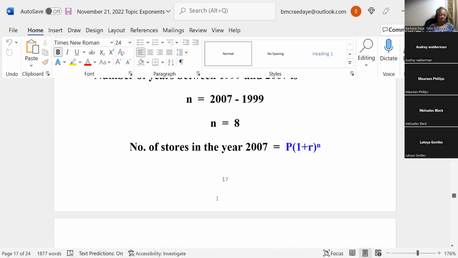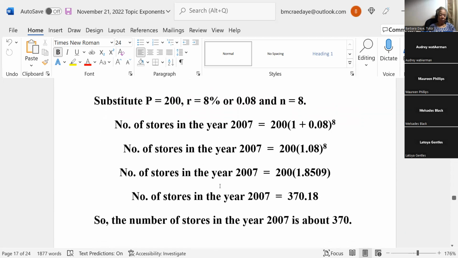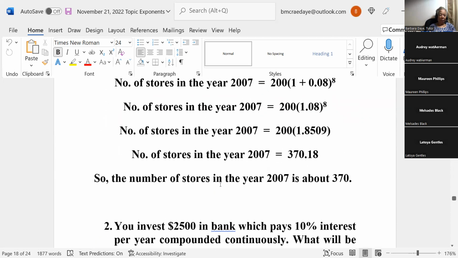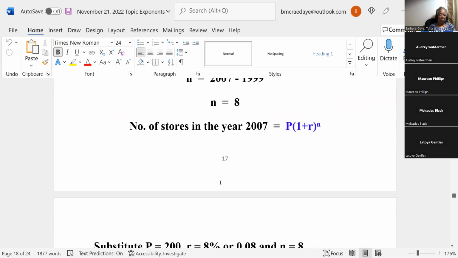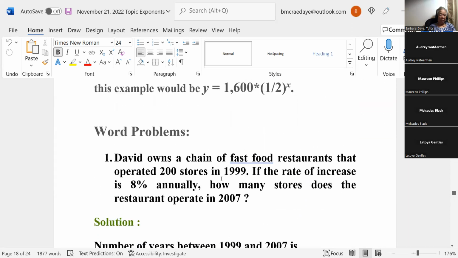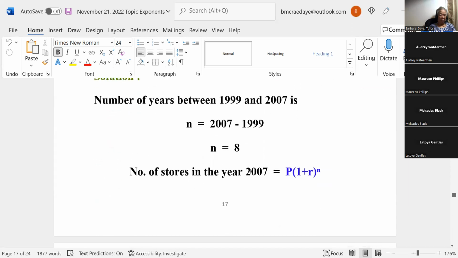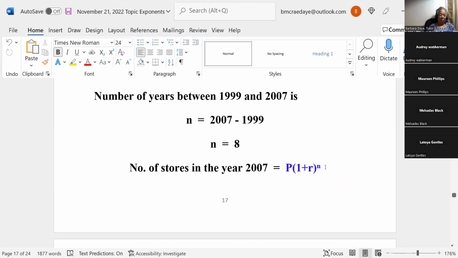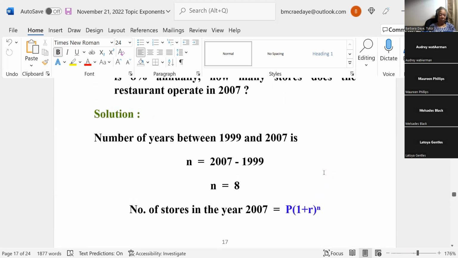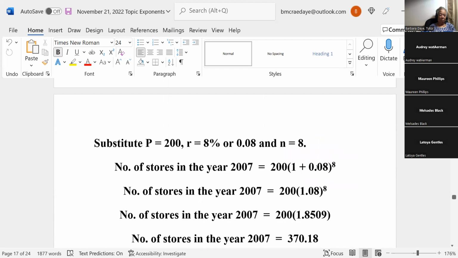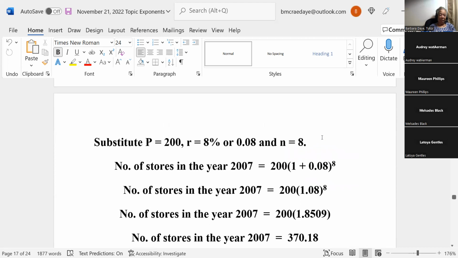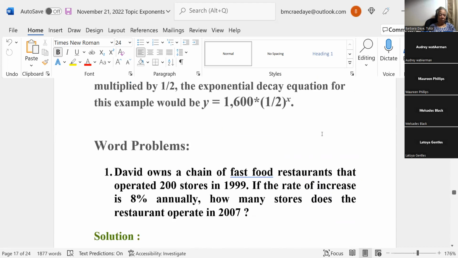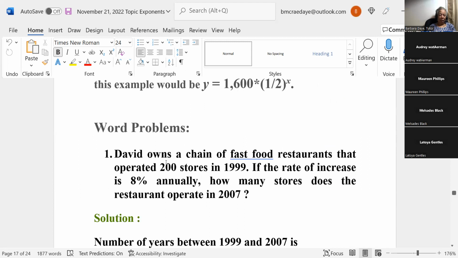Now this would be the number of stores based on the way they're increasing, 8%: 1 plus 0.08, raised to the 8, because from 1999 to 2007 is a lapse time of 8 years.